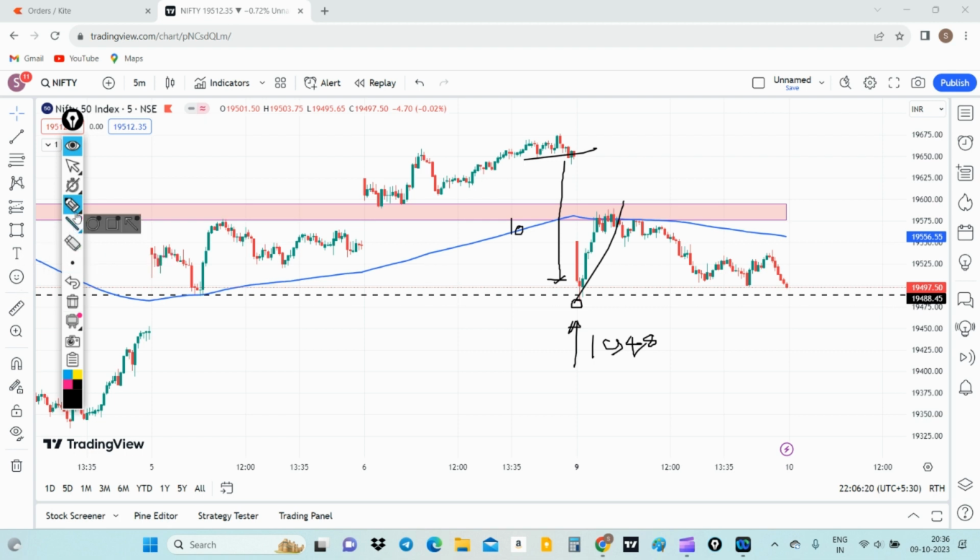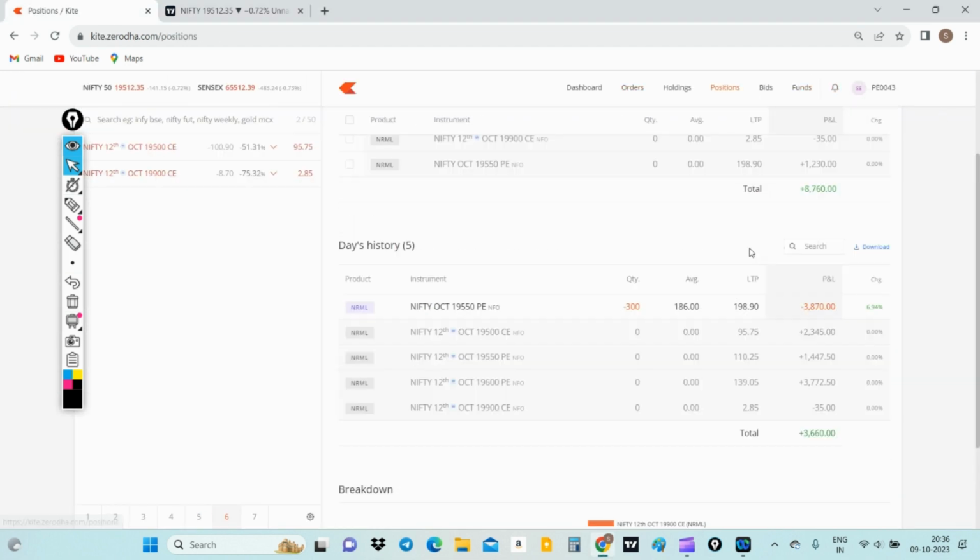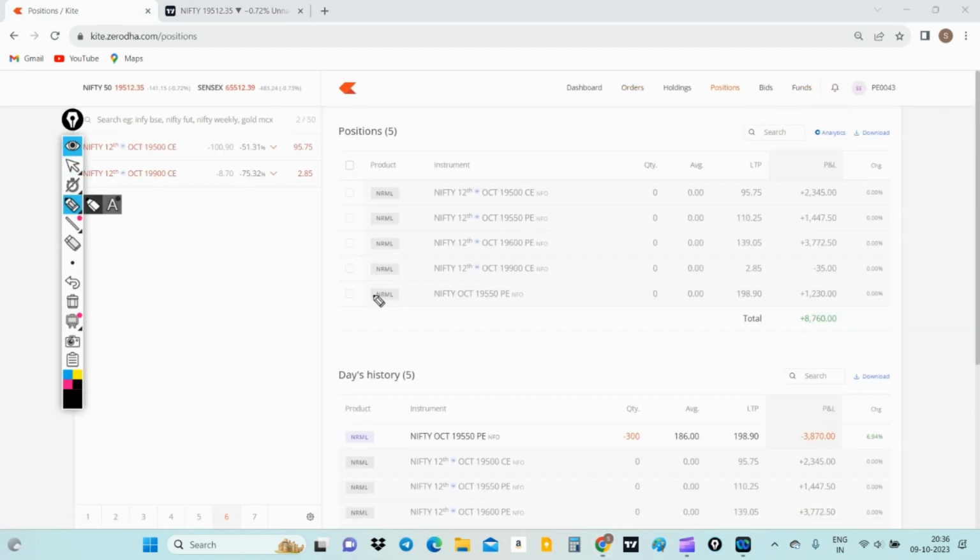Initially, when the market gapped down, like I told you in the last video, I had some position in the monthly expiry 19,550 put. However, I was not able to make the most out of it, because my expectation was not that Nifty would open with such a huge gap down.